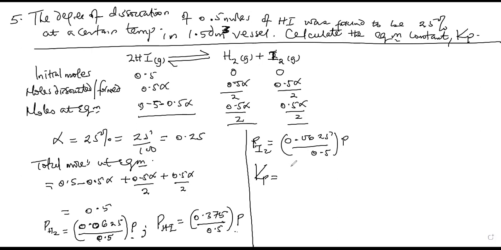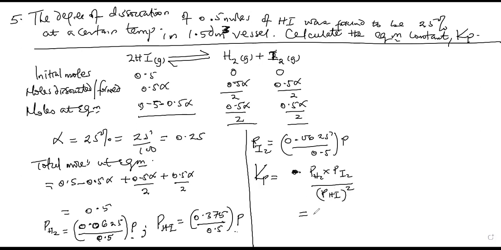You first write the expression: the pressure of hydrogen times the pressure of iodine over the partial pressure of hydrogen iodide, everything squared.